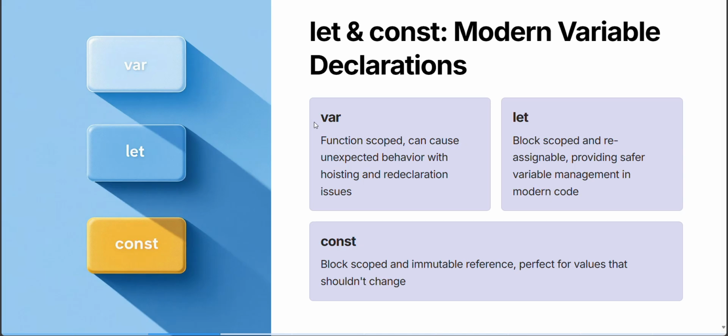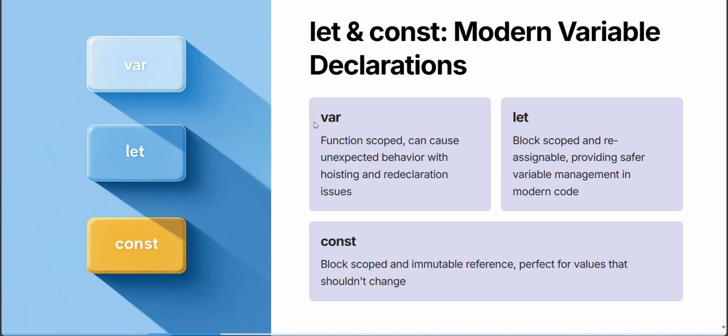In JavaScript, we can declare variables using var, let, and const. Var is function scoped, meaning it does not respect block boundaries and can leak values outside of a block. Let is block scoped, meaning its value only exists inside the curly brackets where it is declared.